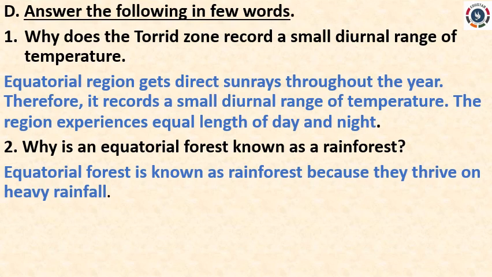First question, why does the torrid zone record a small diurnal range of temperature? The equatorial region gets direct sun rays throughout the year, therefore it records a small diurnal range of temperature. The region experiences equal length of day and night.